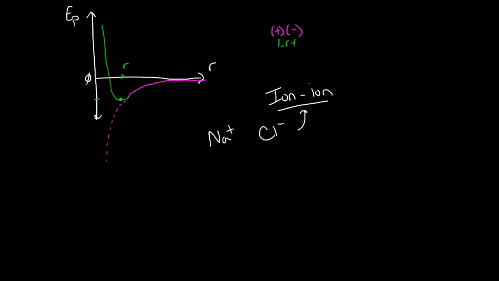Since we have a charged particle, a sodium cation, which has a positive charge, interacting with a chloride anion, which has a negative charge, and they're a certain distance apart, this interaction is perfectly governed by Coulomb's law. So ion-ion interactions are perfectly governed by Coulomb's law.